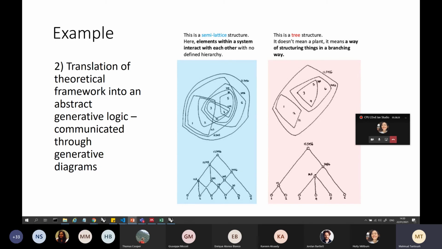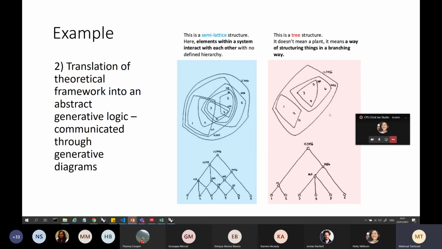This is one approach, and the theory itself provides you with a way of developing your own spatial strategy. On the left, you can see an example of a semi-lattice structure, and an abstract network diagram explaining the relationships between the different sublattices. Things connect as a network, and not as a tree that has just one point where everything gets generated.